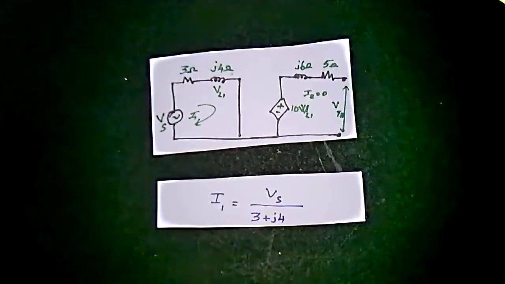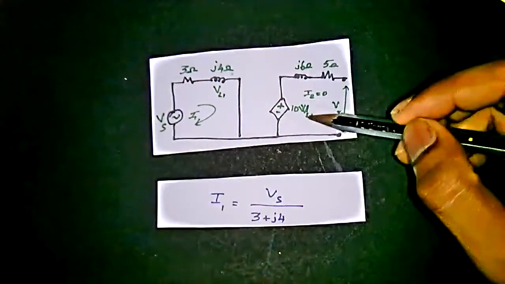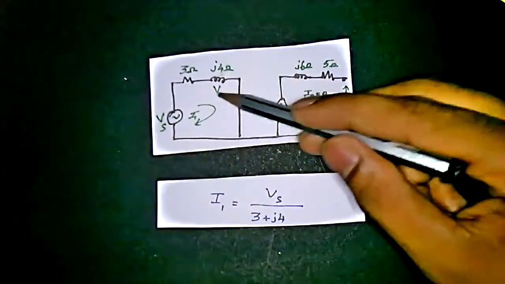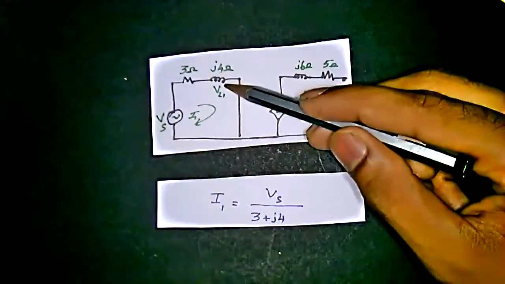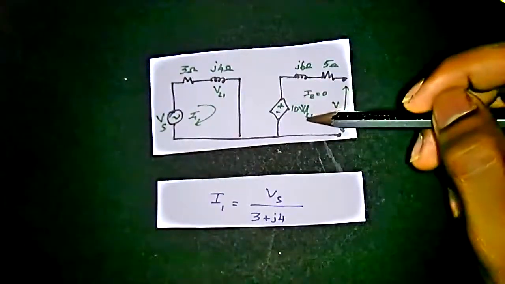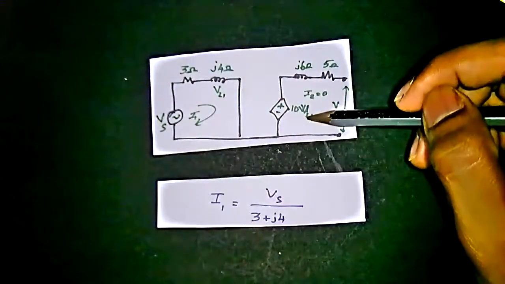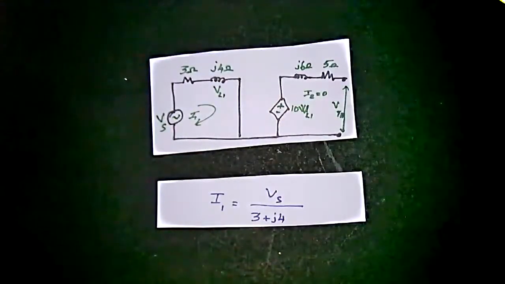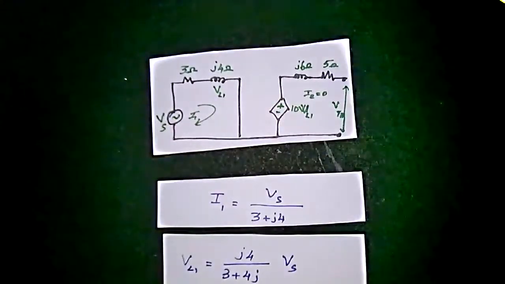Now what is the voltage across the inductor, V_L1? We need it to find the value of the dependent source.